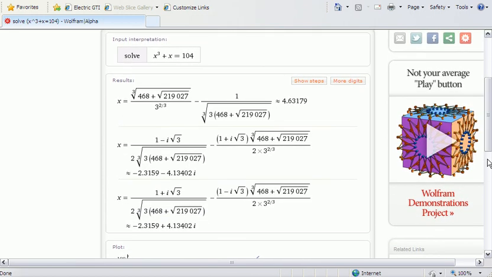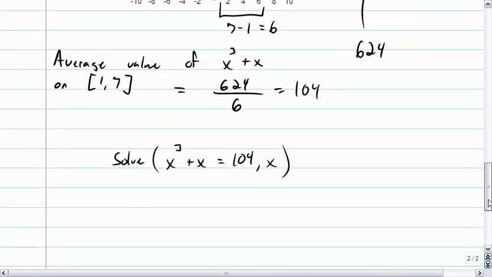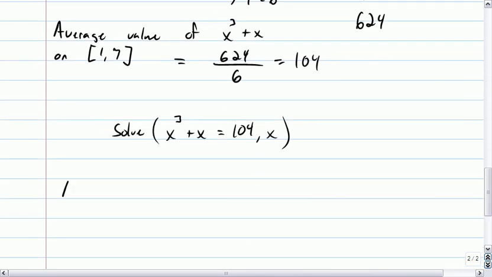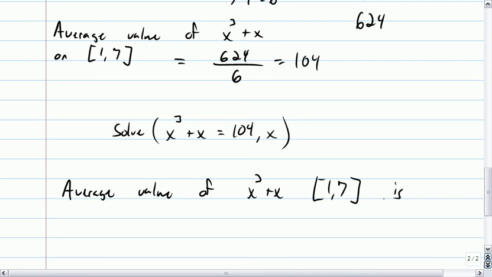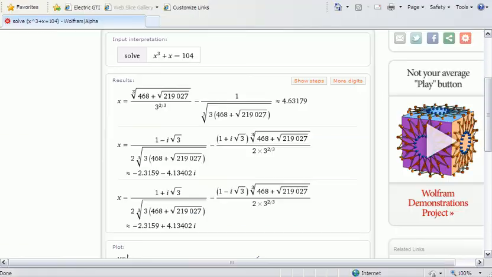Uh, 4.632. So average value of x cubed plus x from 1 to 7 is achieved when x is approximately 4.632.